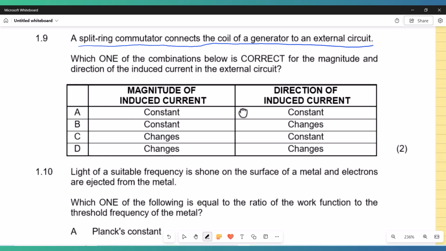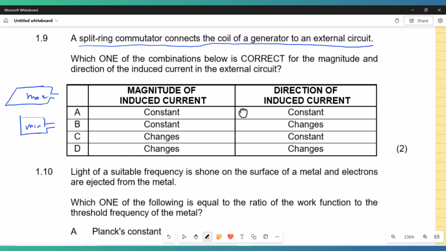Now you know that the induced current depends on the position of our coil. If our coil is horizontal like this, we expect maximum induced current. If our coil is vertical like this, what do we expect? We expect minimum current.